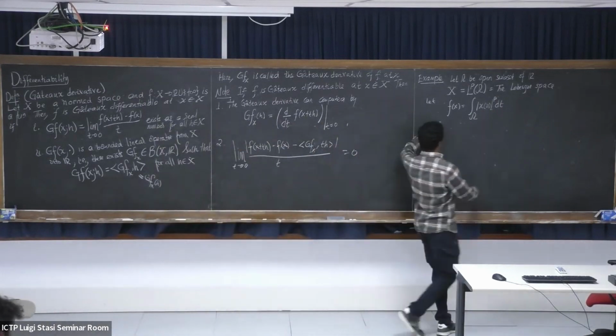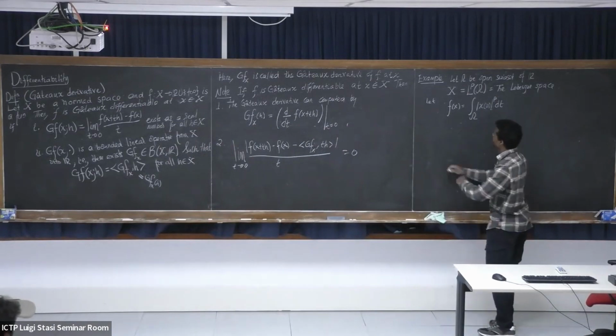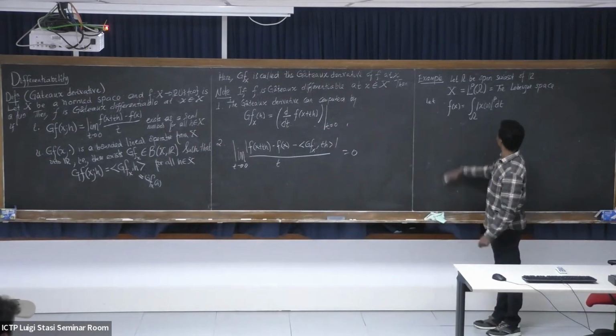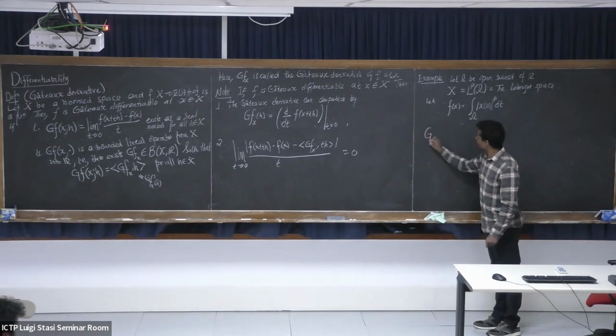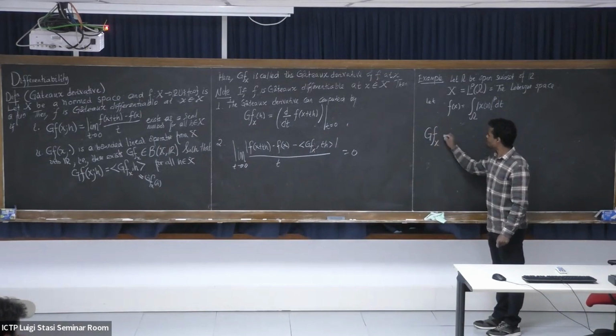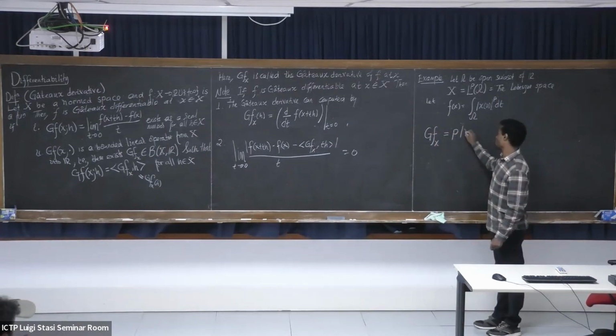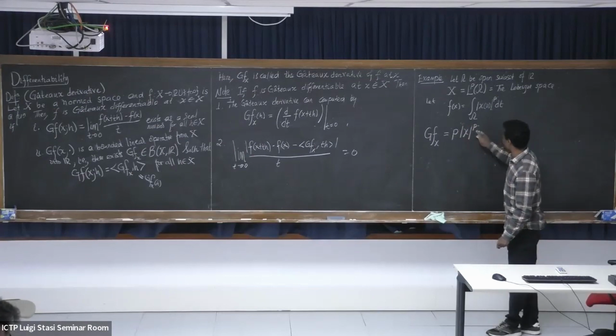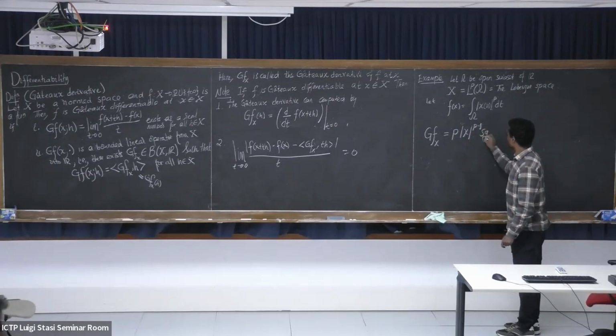So for this function, what is surprising is that the Gateaux derivative of f at x is t times absolute value of x to the t minus 2, t minus 1, I of x.